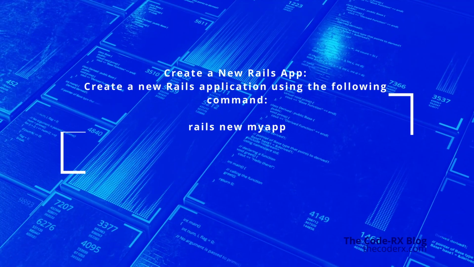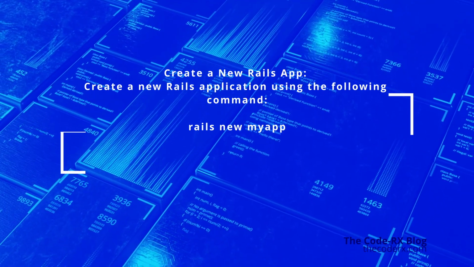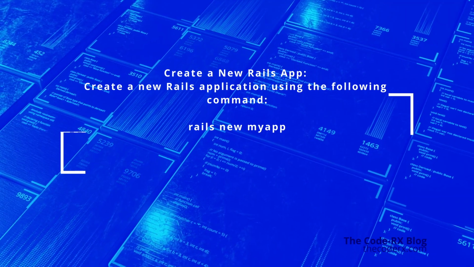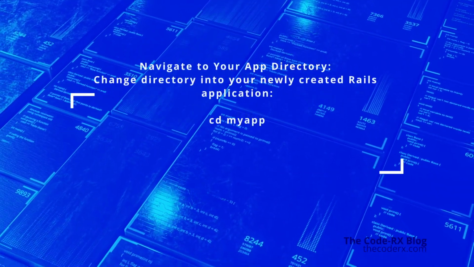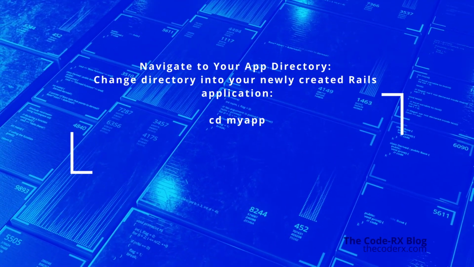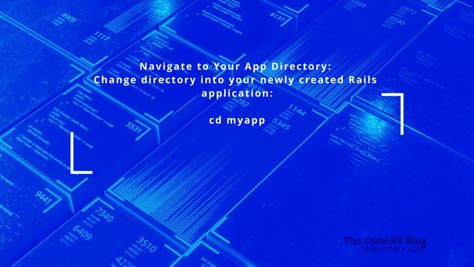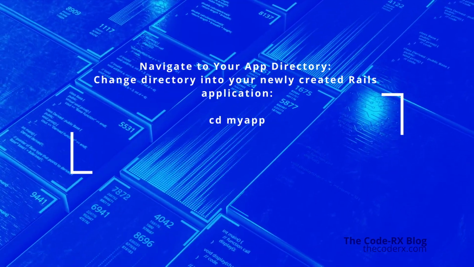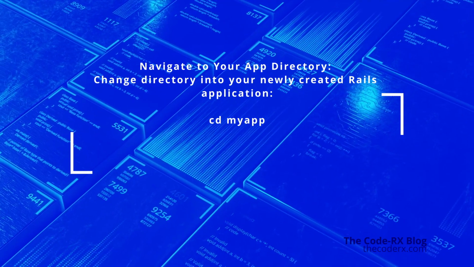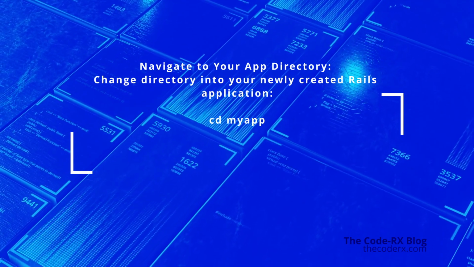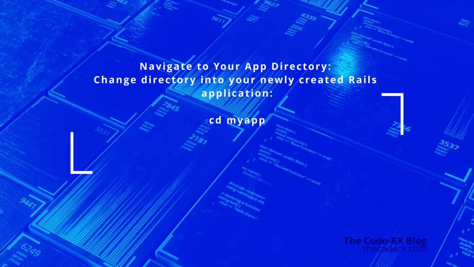Do that by typing the following command, rails new myapp. Next, you're going to want to navigate to your app directory so that you can begin to work with your newly created Rails application. Do that by typing cd, for change directory, space myapp.